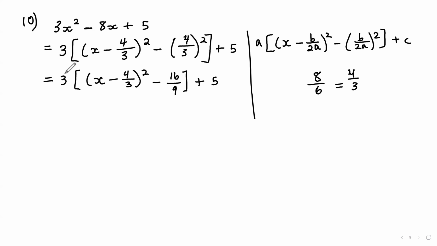So we multiply 3 by this first. That would just give me 3 by x minus 4 over 3 squared. And then 3 times 16 over 9.